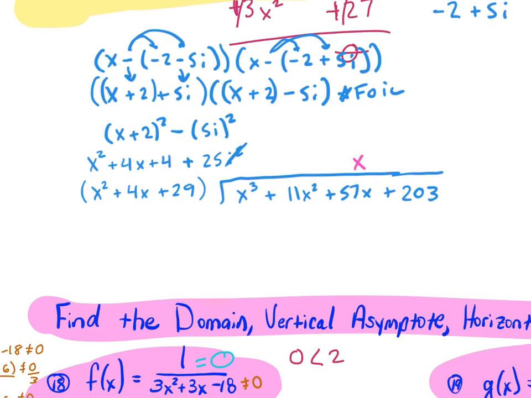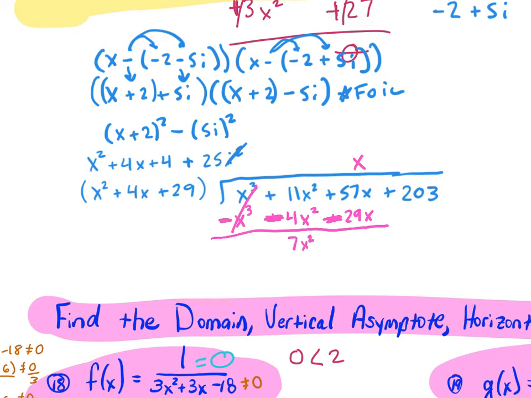Now we multiply the x with everything out front, so we have x cubed plus 4x squared plus 29x. Change all of our signs. Cancel it out.